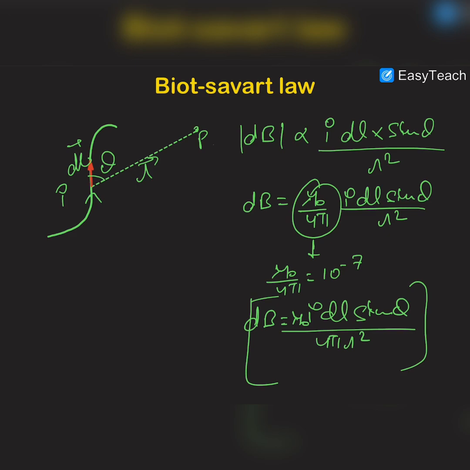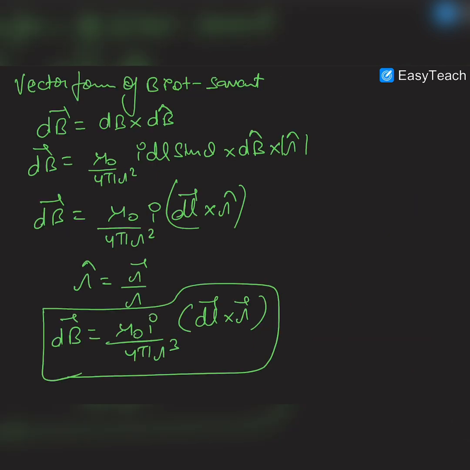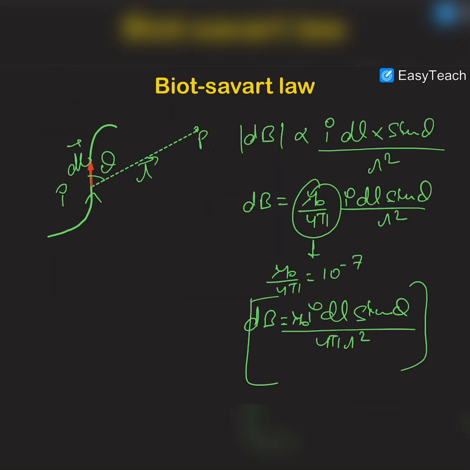At point P, the magnetic field will be denoted by the cross product of dl and r, and therefore we can say that the cross product of dl and r is in a direction perpendicular to the plane containing dl and r. So the magnetic field will be perpendicular to the plane of the screen, either in the downward direction or in the upward direction coming towards the observer.